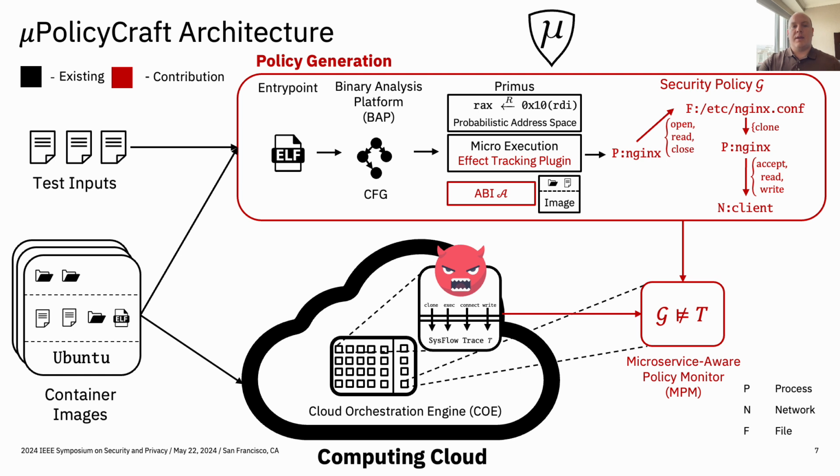Now, the NPM is implemented as a plugin within the sysflow telemetry framework, and recalling our analogy of security policies to types, the NPM checks whether or not the effect graph G produced for each microservice can model the sysflow trace that's produced by each microservice. In this example, when an adversary compromises an individual microservice, the NPM will observe that G cannot model T and then raise an alert to an operator in response.